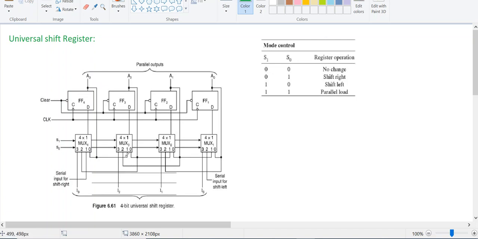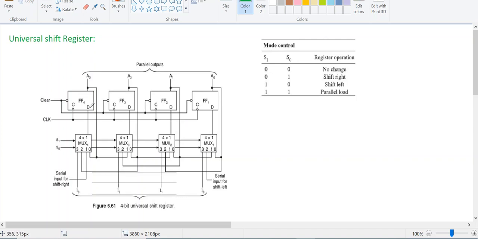In a similar way, for the next multiplexer the second pin is connected to A1, the first pin to A3, the zeroth pin to A2, and the third pin to I1. For the following one, the second pin is connected to A0, the first pin to A2, and the zeroth pin to A1.